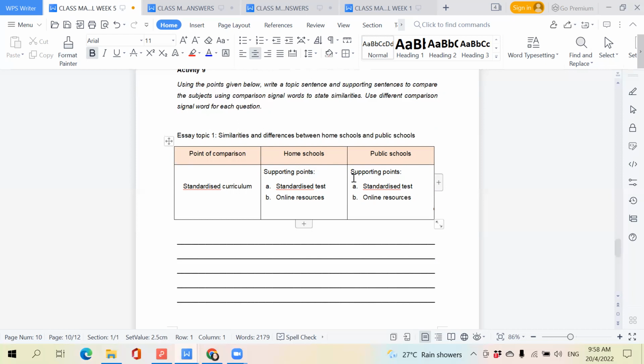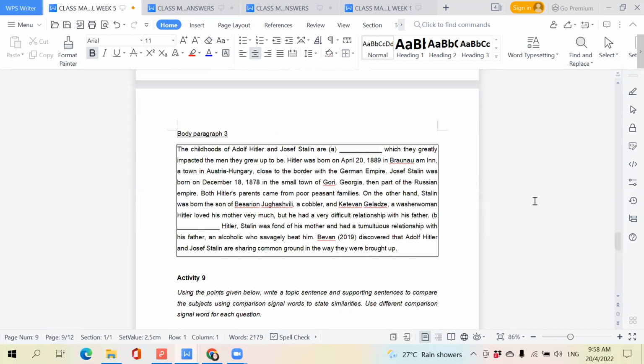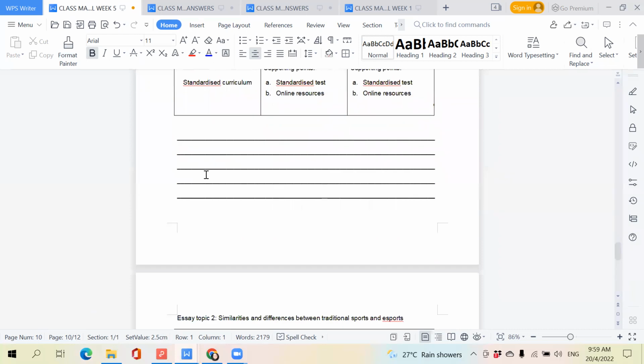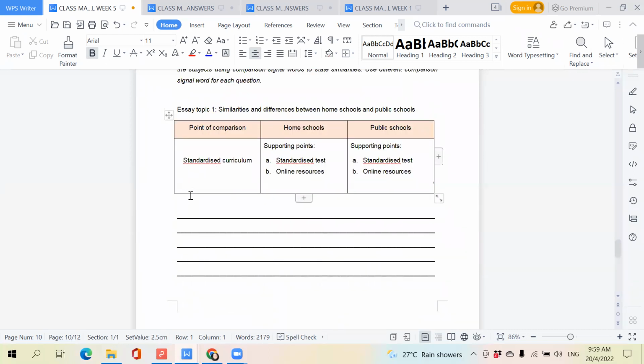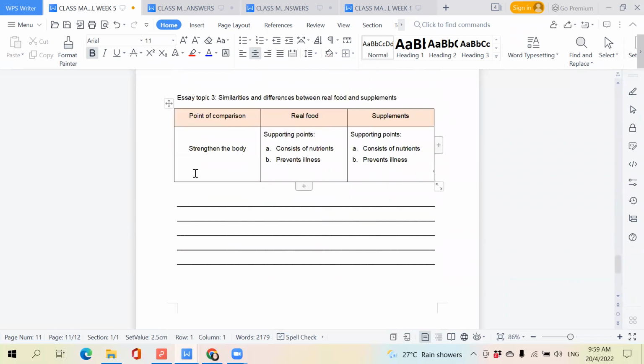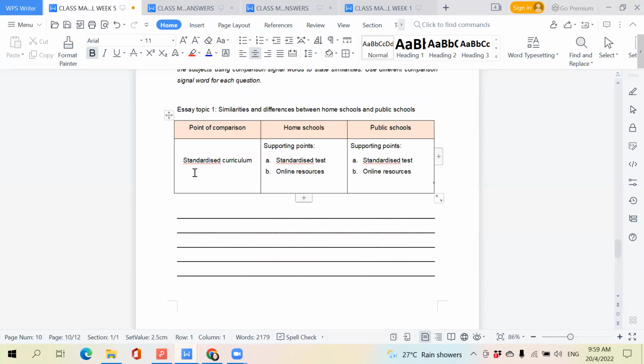Standardized test, online resources. So I asked you to do activity 5, activity 6, and now activity 9. I'll do the first one with you, and then you will complete number 2 and number 3. We'll discuss this later.